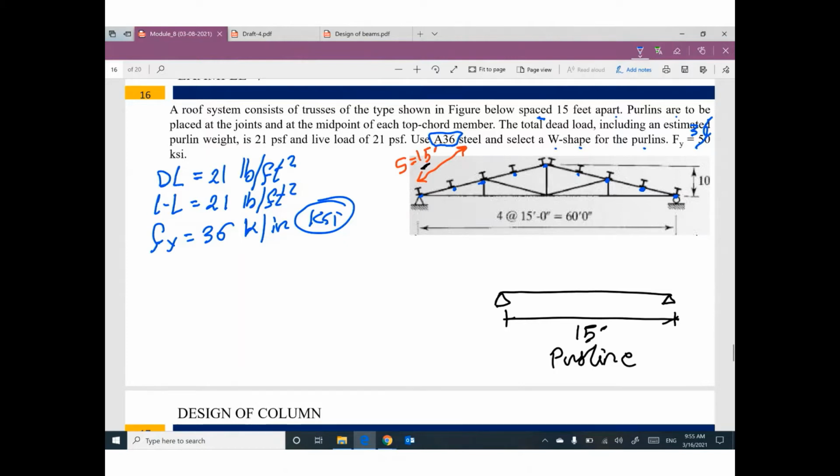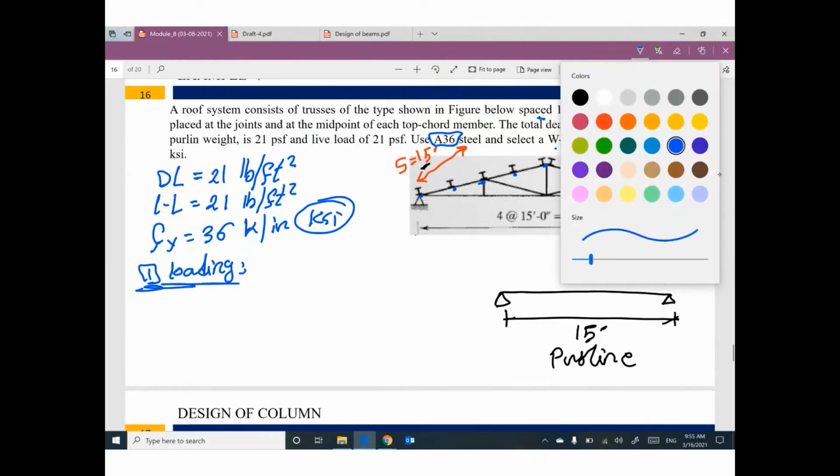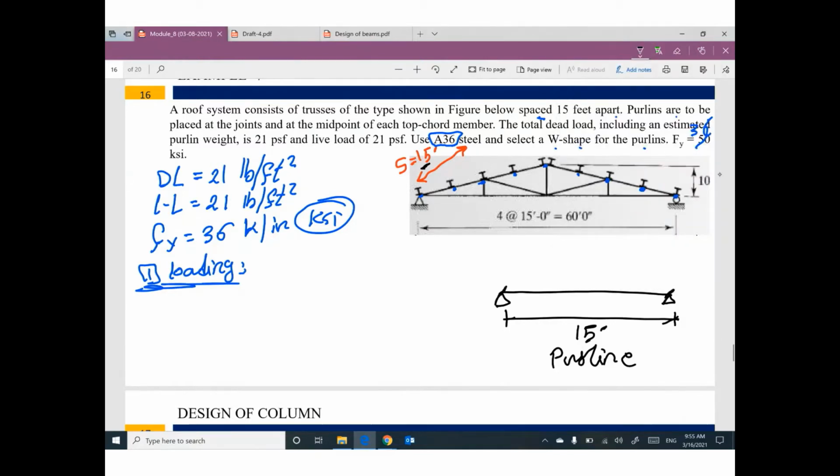Okay, first step, I will start with loading. From the information given, I can figure out that the span of the purlin is 15 feet. Then I can say each purlin is supporting from this center line to this center line. So what is the value of W dead load? It will be 21 times horizontal spacing, 4 times 15.